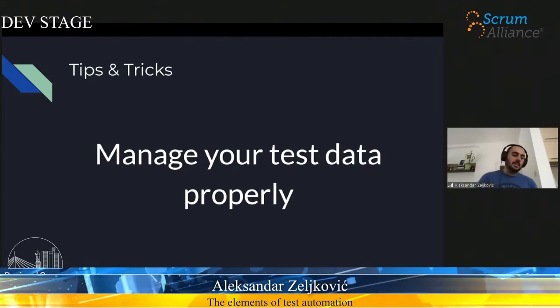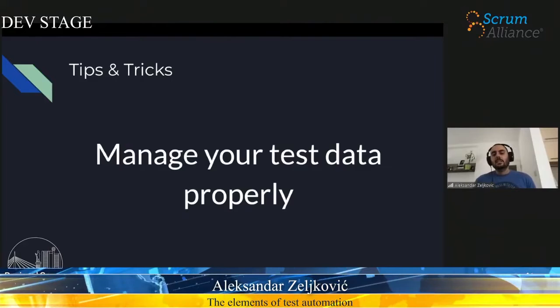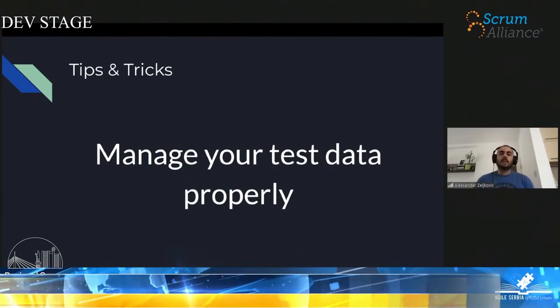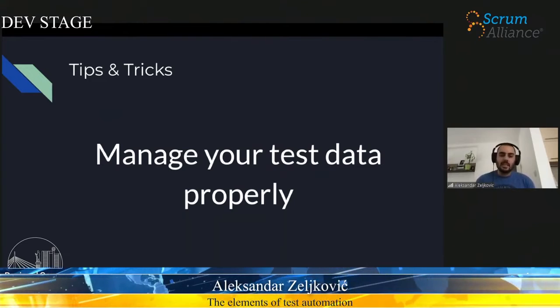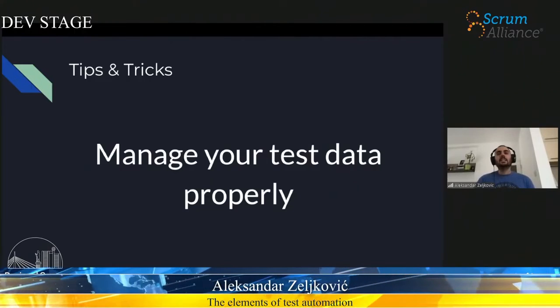But if you are not able to provide the correct data to your test automation, in the best case, your test automation will not provide the maximum value that you expect. And in the worst case, your test automation will be completely worthless. So pay attention to your test data, invest time and invest effort in your test data.